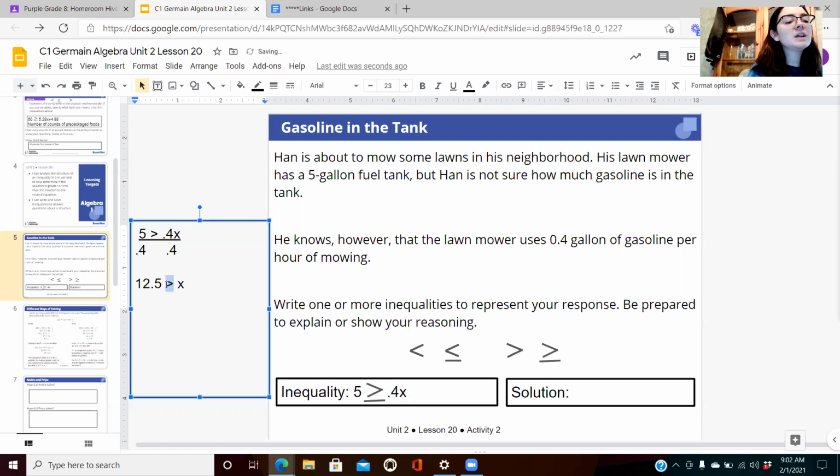And remember, we need to write our solution as not a single value. Like if he had 5 gallons, then it would be 12.5 hours. But because we don't know how many gallons he has in his tank, we're not going to be able to say it's a definite answer. It's going to be a solution set because it's from anywhere from this to this number of hours.